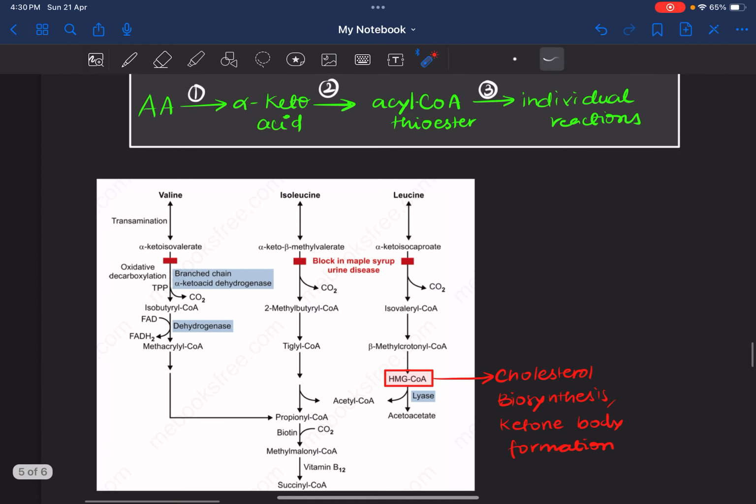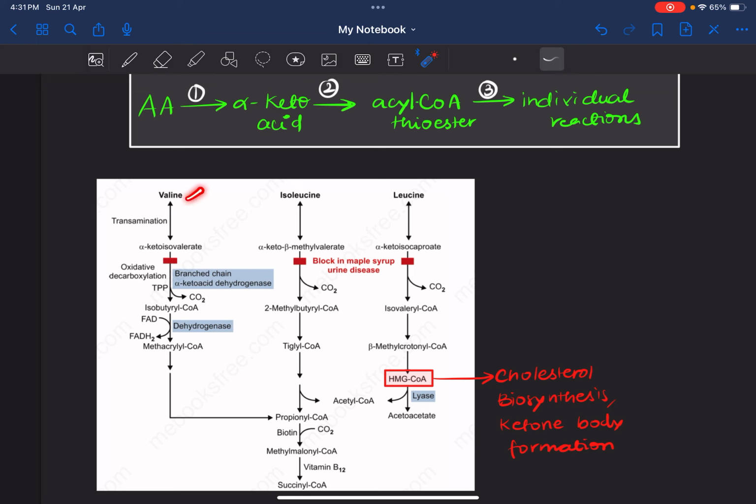Over here we can see that valine, isoleucine and leucine are first transaminated into their particular alpha keto acids. These alpha keto acids are then oxidatively decarboxylated by our enzyme, branch chain alpha keto acid dehydrogenase complex, into their particular acyl CoA thioester, and then they are dehydrogenated by dehydrogenases which are FAD dependent.